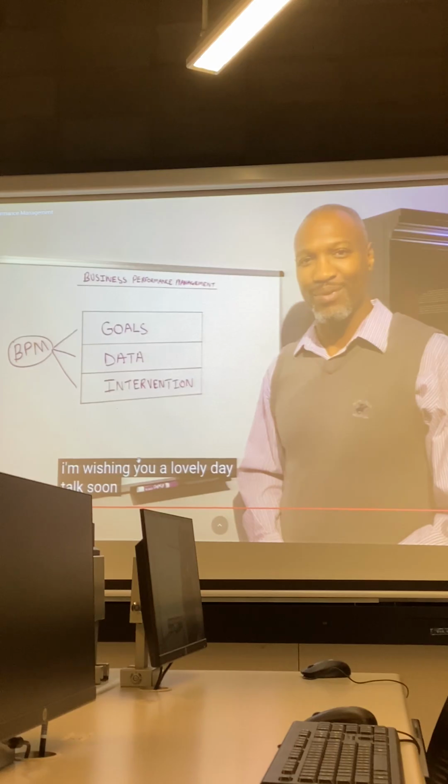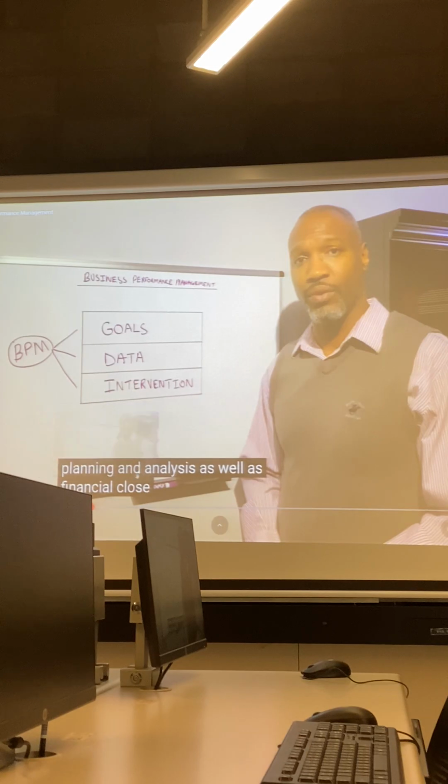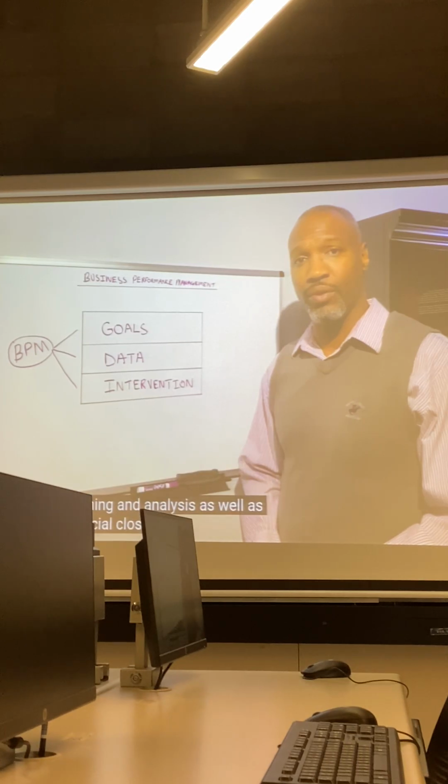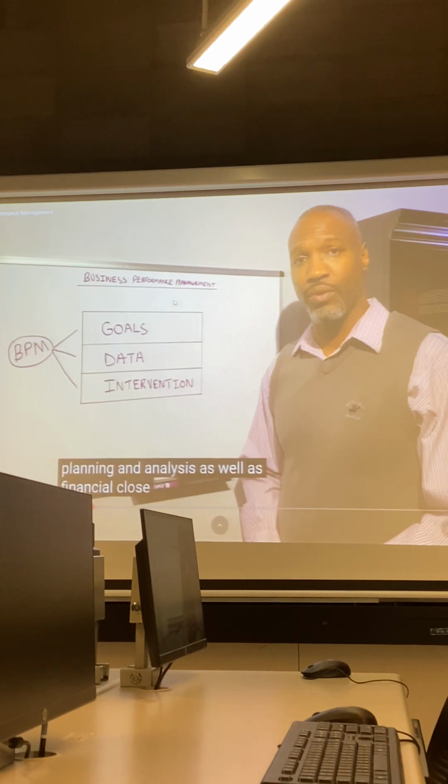Intervention means that the manager takes action, the manager gives a decision. They also say that BPM includes financial planning and financial analysis. So BPM is not only stopping at reading the table, the data, the graphic, the chart, but you need to take more action like setting the goals, analyzing the data, and doing some intervention about the data, making a decision or action. And you can also include financial planning.